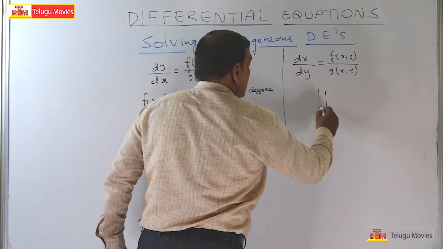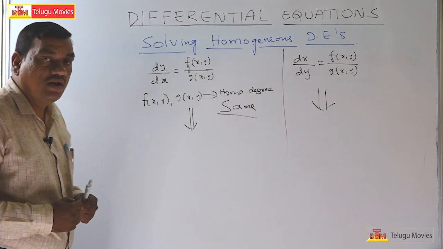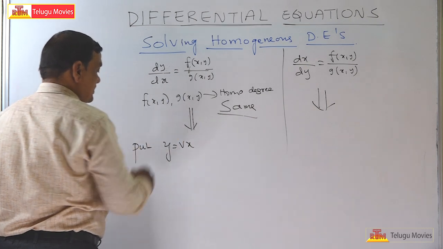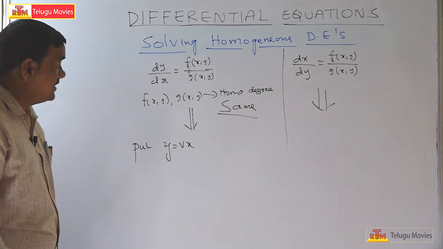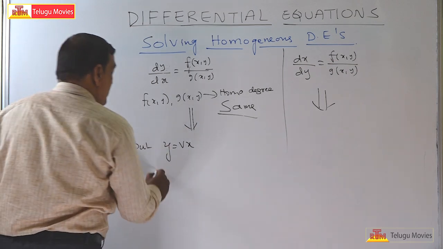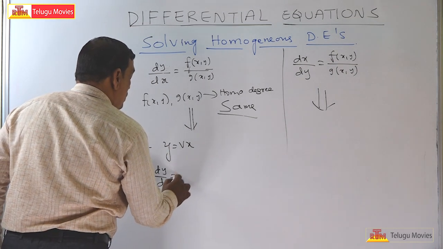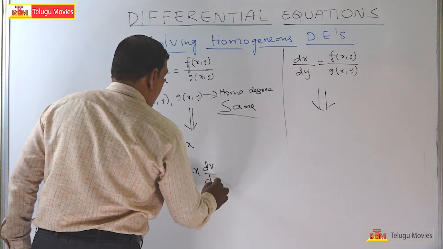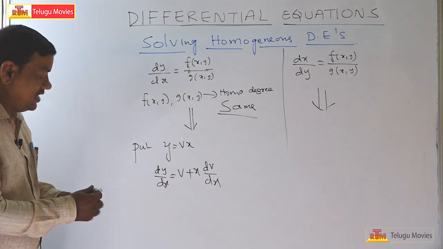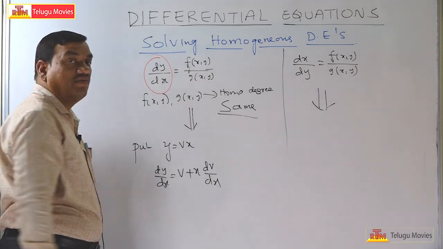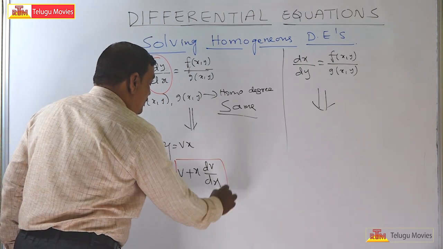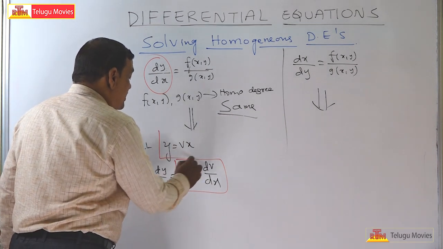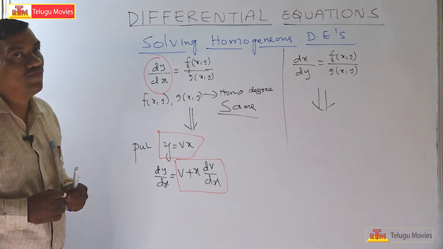To solve this differential equation, put y equal to vx, so that dy by dx is equal to v into 1 plus x into dv by dx. Wherever dy by dx is there, substitute v plus x into dv by dx, and wherever y is there, substitute y equal to vx.